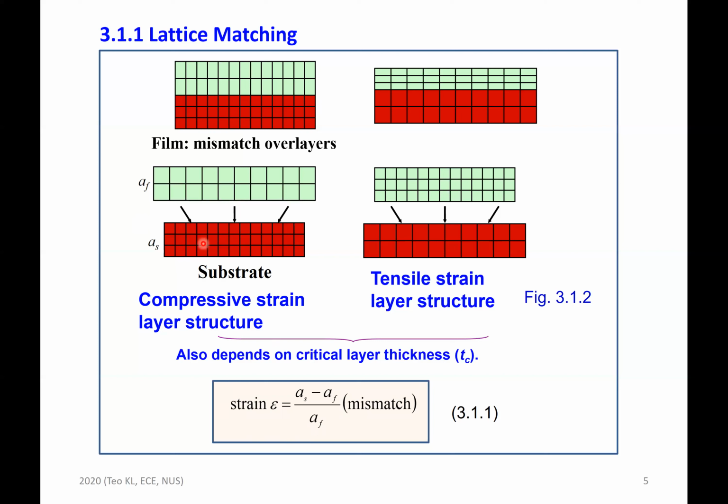So in this case, A_S is smaller than A_F. A_S minus A_F will give you a negative value, and we call this the compressive strain. If A_S, the lattice constant of the substrate, is larger than the lattice constant of the film, then this is a positive value. So the strain is positive. We call this the tensile strain.